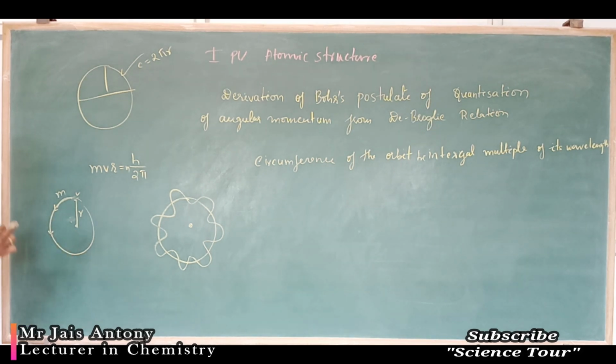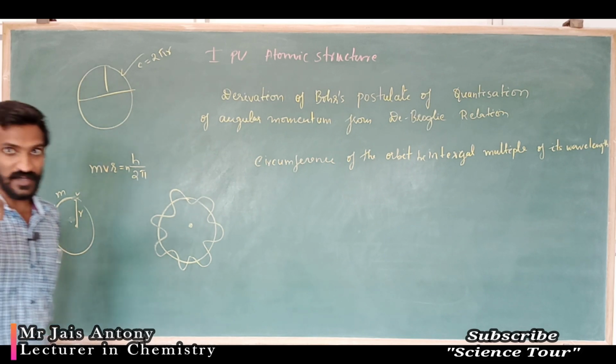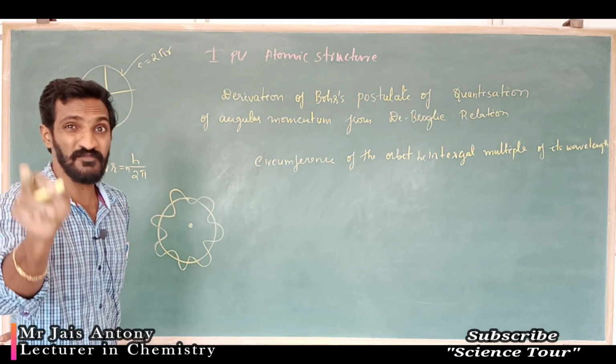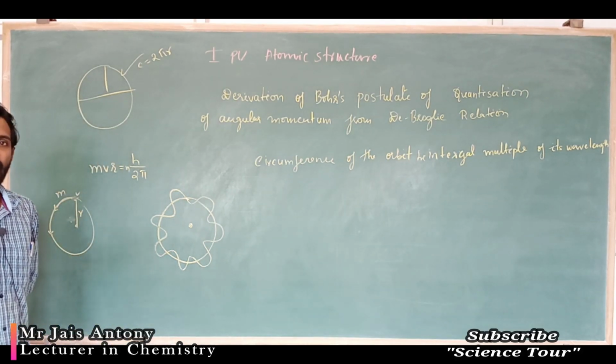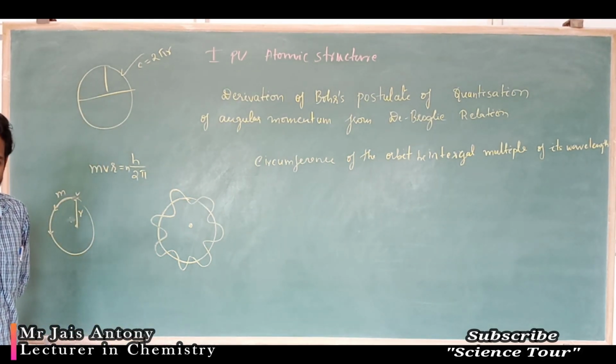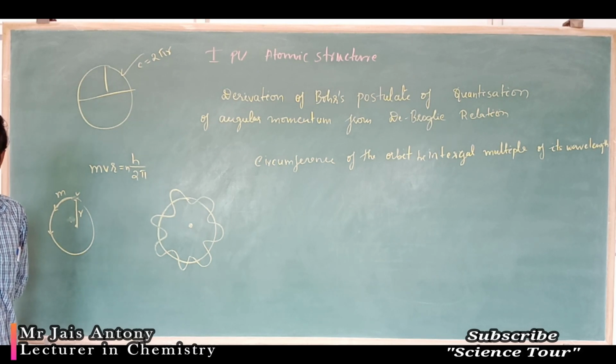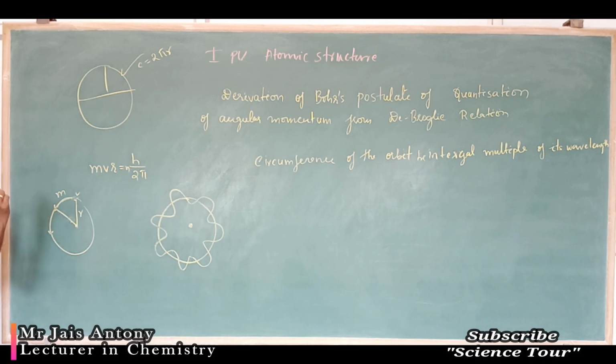Okay, listen carefully. If I ask what is the angular momentum of an electron at this point, you can say it is the mass of that electron at that moment, the velocity of that electron at that moment, and the radius from this to this. Correct?